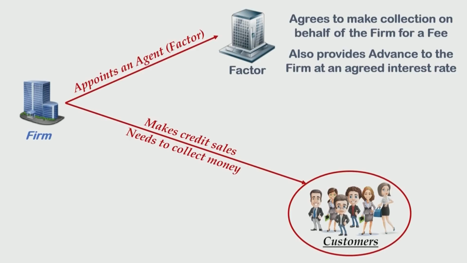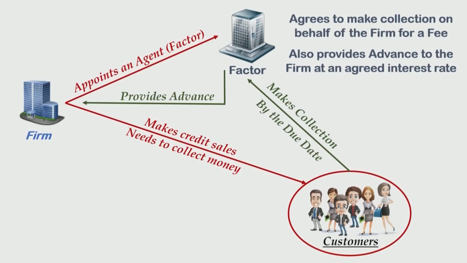Now with this whole arrangement, the factor has agreed to make the collection and to provide an advance. If we go in the sequence of events, the factor will first make an advance to the firm. So the problem the firm was facing of blocking its money gets solved immediately. When the due date arrives, the factor will make collection from the customers.